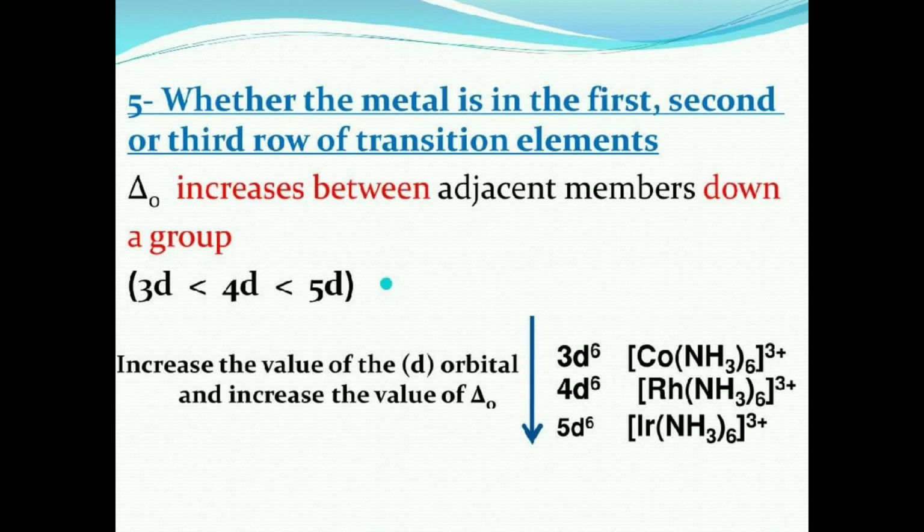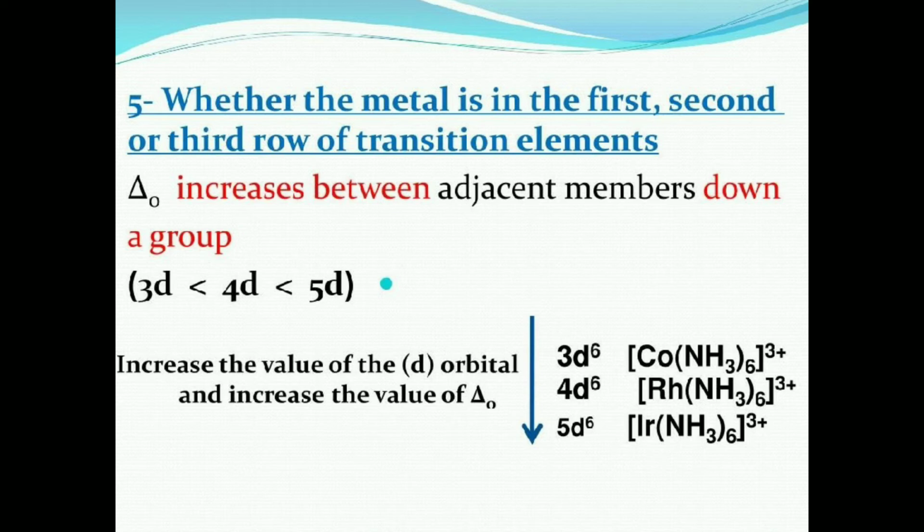Now the fifth factor is whether the metal is in the first, second or third row of transition elements. Here delta 0 increases between adjacent members down a group. That means the value of delta 0 increases as we move from 3d orbital to 4d orbital to 5d orbital.